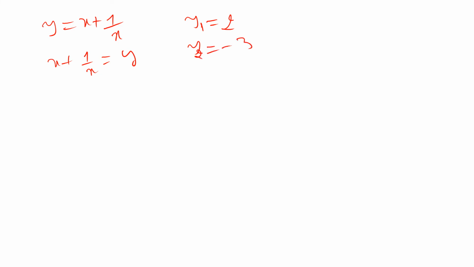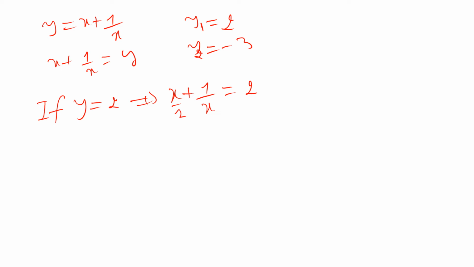See, we have y which is equal to x plus 1 over x, same as x plus 1 over x equals y. Now, we have got the two values of y. I've seen that y1 is equal to 2, and y2 is equal to negative 3. Now, if y is equal to 2, now we have x plus 1 over x equals 2. Now it seems that we have x over 1.